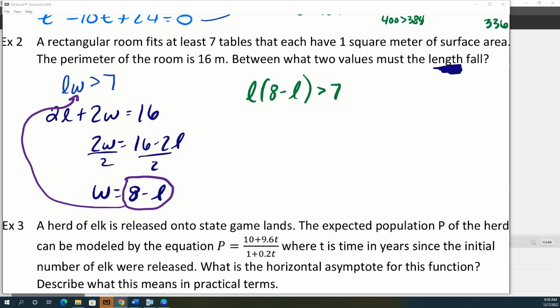Okay. And then we have another inequality to solve. It is going to be quadratic. I'm going to go ahead and distribute the L. And then I'm going to solve a corresponding equation. I'm going to rearrange it a little bit though.